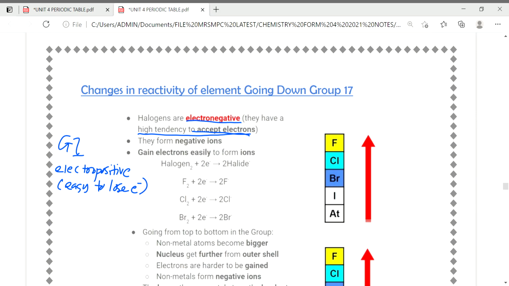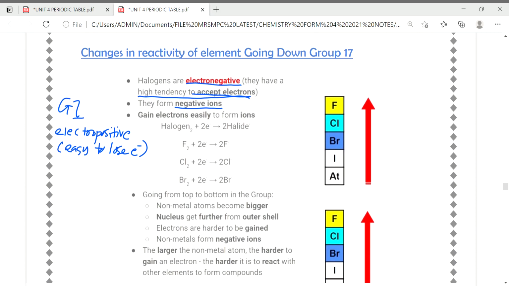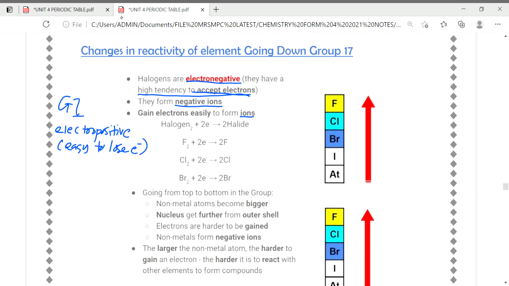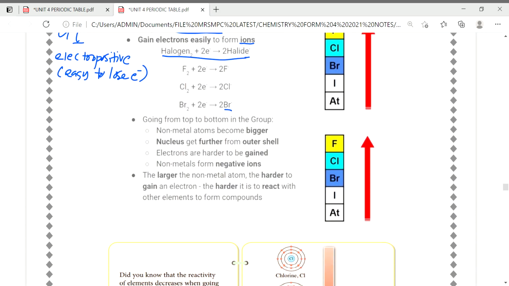Tendency to accept electron. And then group 17, negative ions. So gains electron easily to form ions. Tengok kat sini, halide means that dia jadi ions lah. Kalau fluorine jadi fluoride. Kalau chlorine jadi chloride. Kalau bromine jadi bromide.